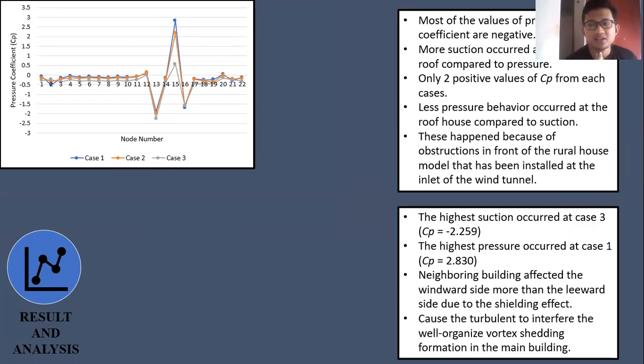The neighboring building affected the windward side more than the leeward side due to the shielding effect, and it caused turbulence to interfere with the well-organized vortex shedding formation in the main building. This turbulence can either increase or decrease the wind pressure of the main building.